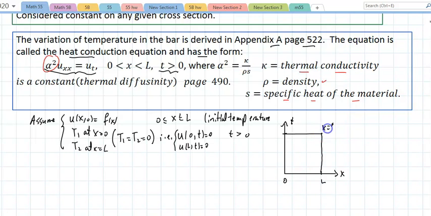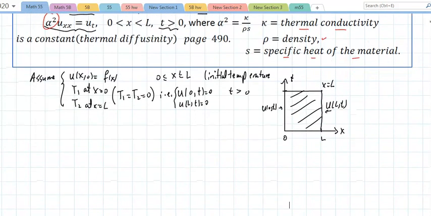This is x equals L, and u of L,t would be at the end, and u of 0,t would be at the very beginning. And we're looking over this region and trying to figure out what happened between those.